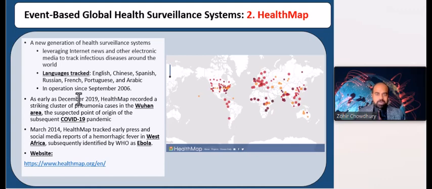In fact, by December 2019, this system was able to isolate news information and media information and social media information published in, I'm pretty sure, Chinese, and was able to alert that this unusual cluster of pneumonia was happening in Wuhan. Well ahead it was identified as COVID-19, and well ahead it was turned into a pandemic.